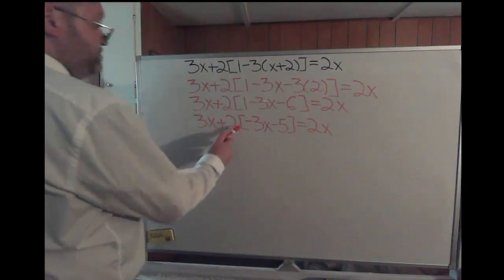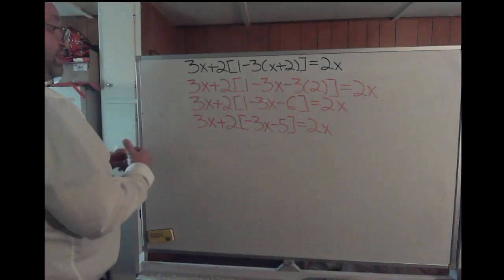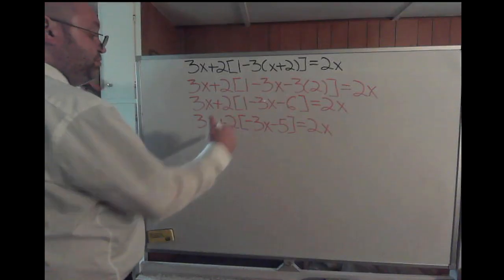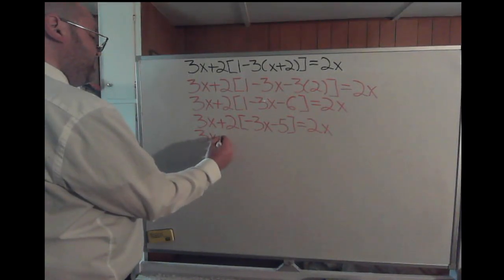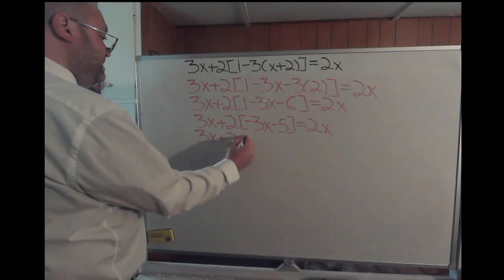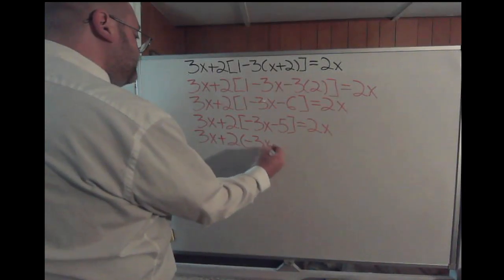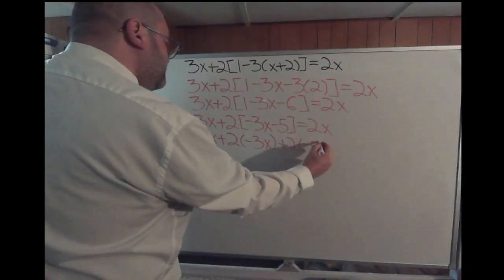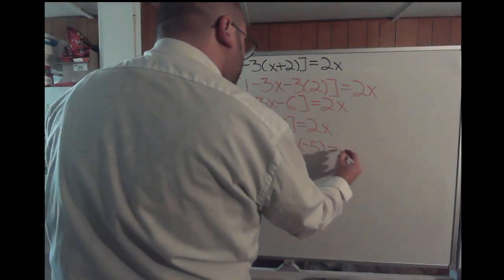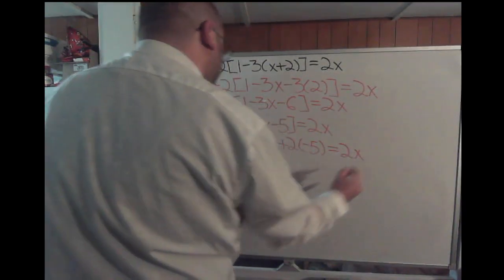Well, now we do the distributive property, the 2 into the brackets. Since we've simplified what's in the brackets, you'll still leave that 3x alone, but you'll have plus that 2 times that negative 3x plus that 2 times that negative 5, which is equal to 2x.